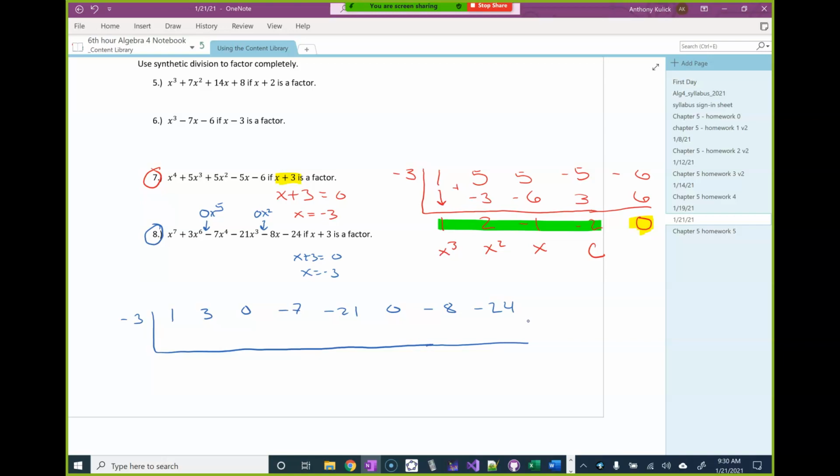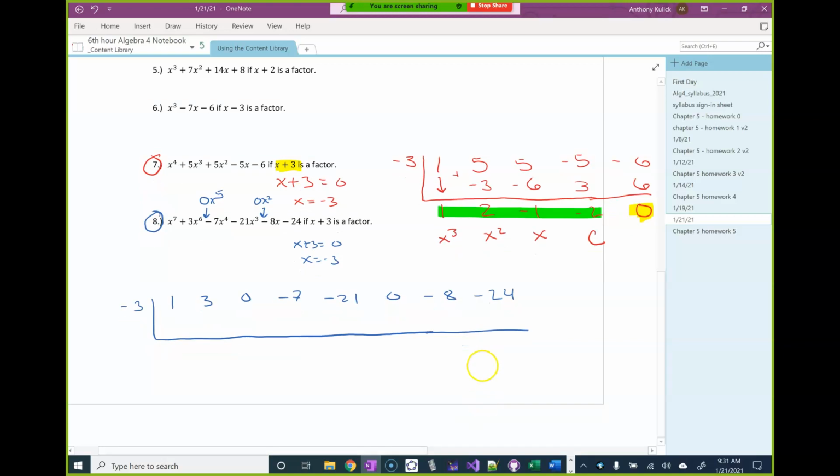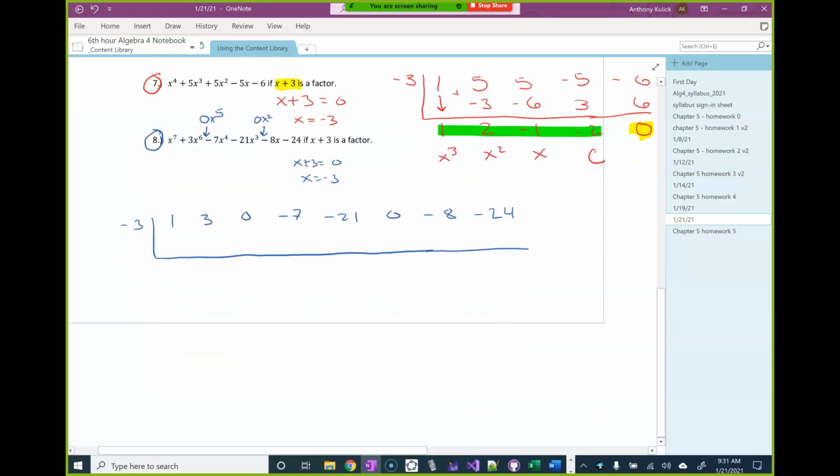I know it's easy to forget, but it is really critically important that you don't. Things will not work if you forget to do that. So if you encounter a situation where the synthetic division doesn't work and you'd expect it to, a likely culprit is you forgot a 0.